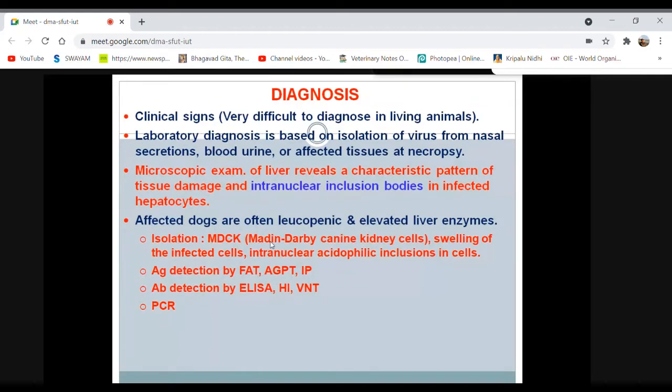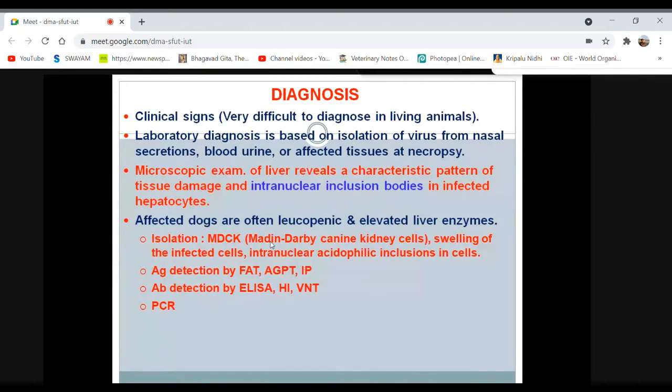Then, of course, examination of the blood, clinical pathology, and liver enzymes and all these things.